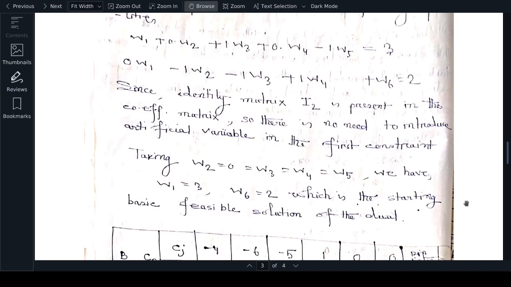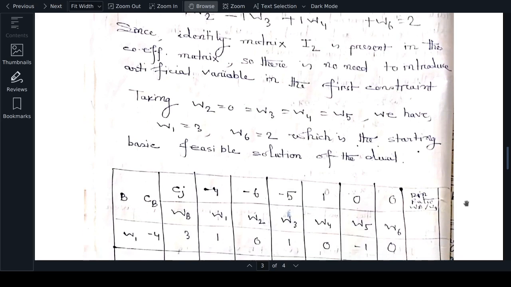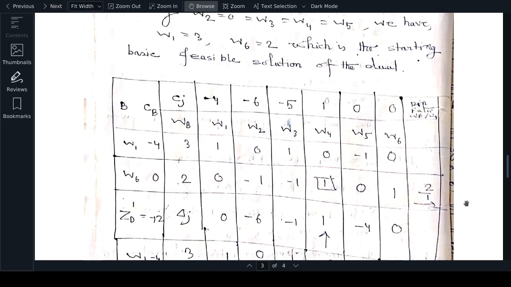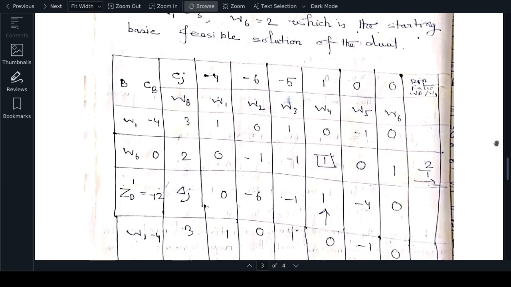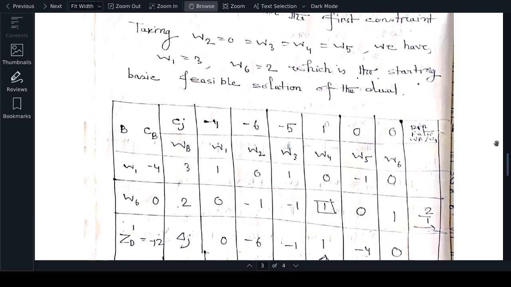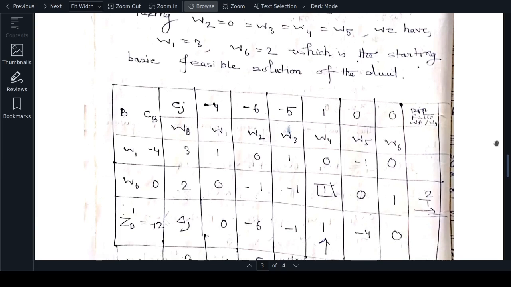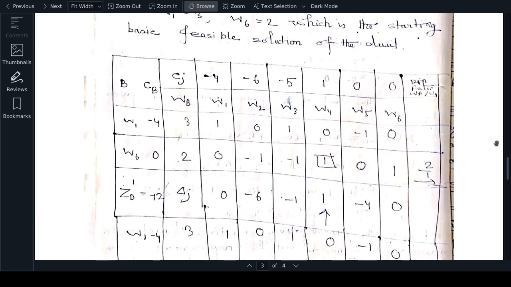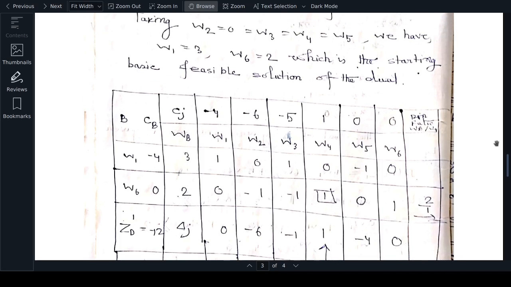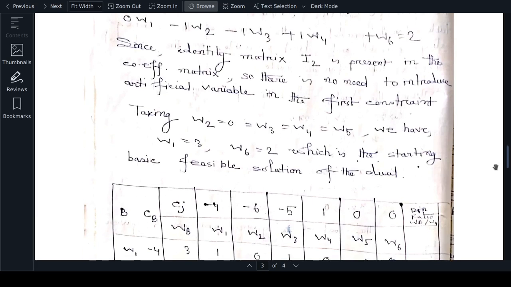So I have written here one table: B and CB. B means basic variable, CB is coefficient of the basic variable. And here, earlier we have written XB, but here the variables are all W, so WB, in place of X, W. Then W1, W2, W3, W4, W5, W6.